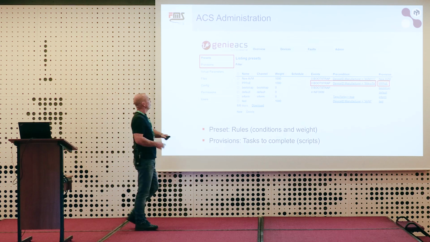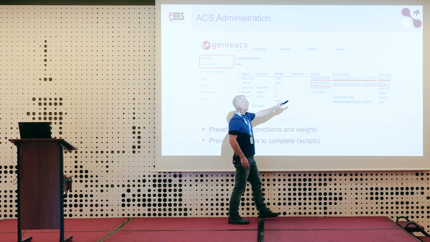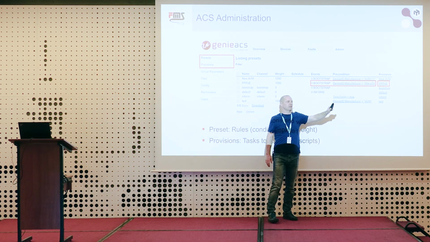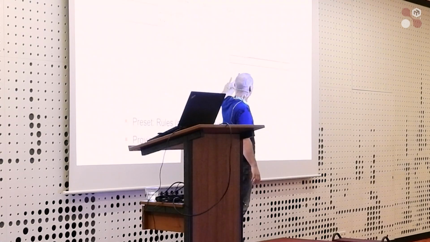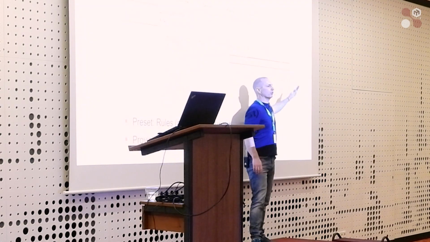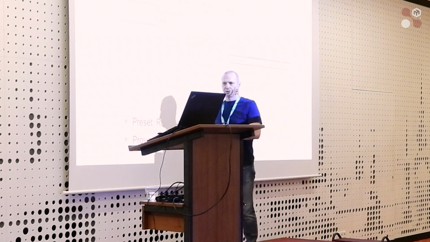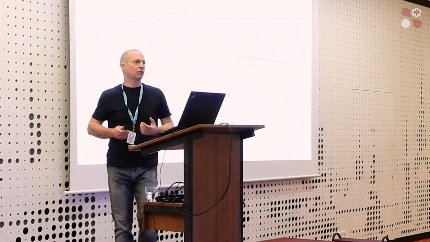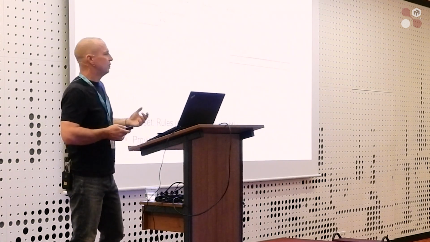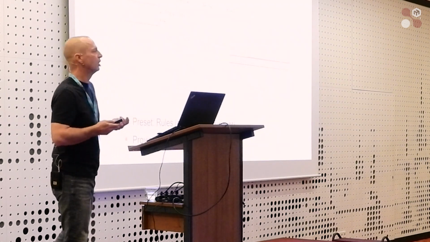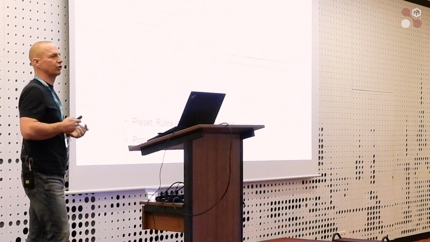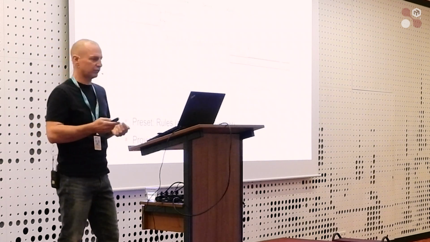So what you see here is a preset for a device of the manufacturer MikroTik, which comes up with an event bootstrap, and then we will fire the PPPoE script. This is just to define the logic of how an ACS works. The script is, sad but true, a JavaScript, which is configured inside Genie ACS.